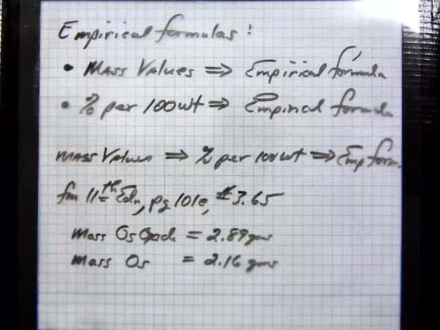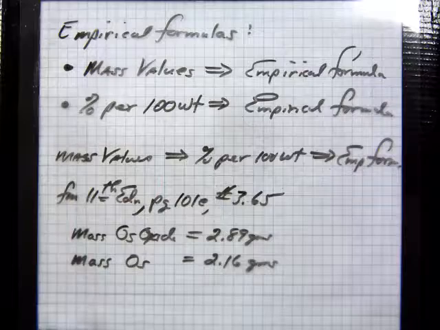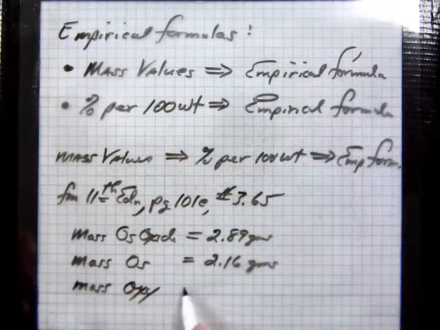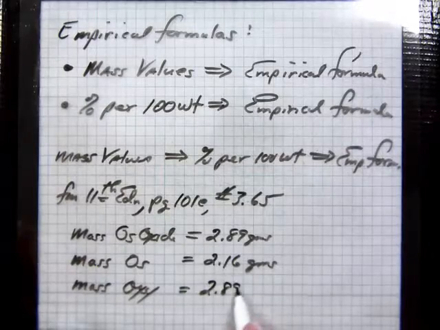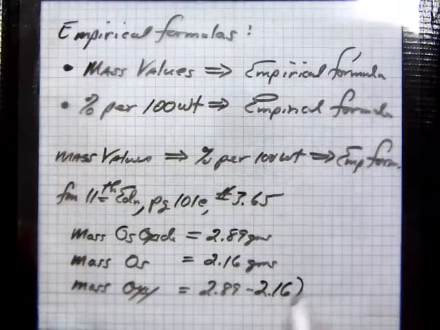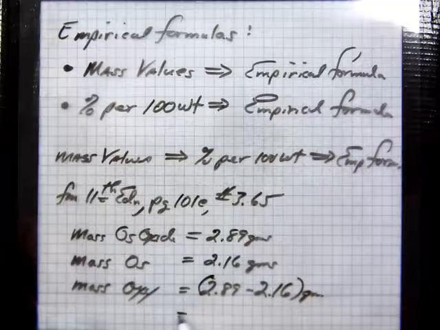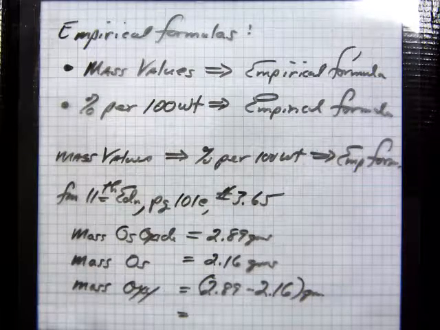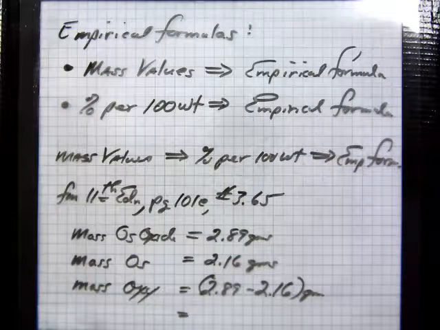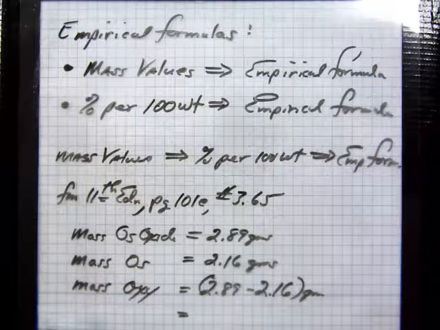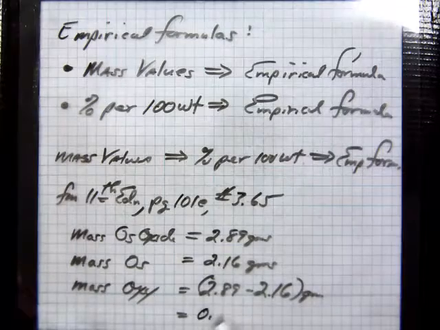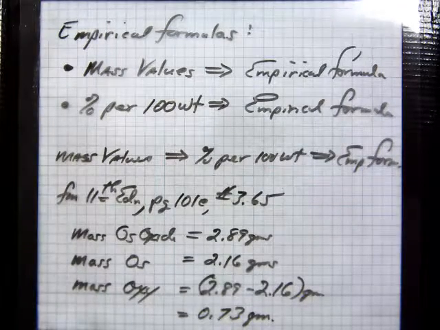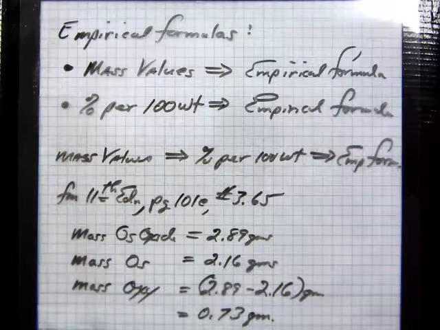What's the difference between the two? Obviously, so the mass of oxygen is 2.89 minus 2.16 grams, which is 0.73 grams. Now the idea is to take that and get to percent per hundredweight.